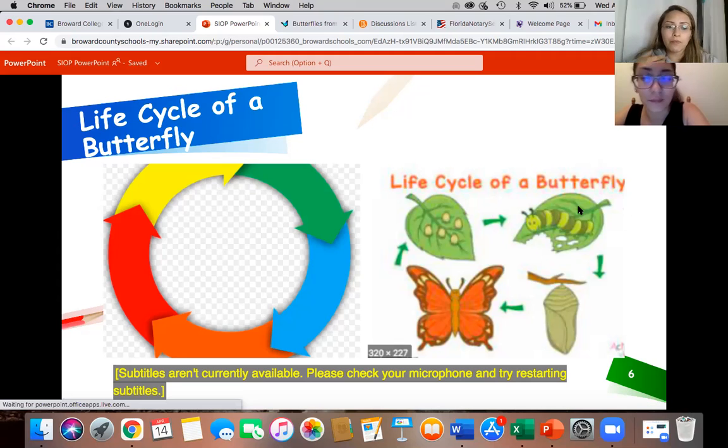Now, during a couple of days, the caterpillar spends most of the time eating. So that's why our caterpillar in the story was eating so much. I mean, she ate so much, right? And that's because after a caterpillar eats so much, she turns into a pupa.